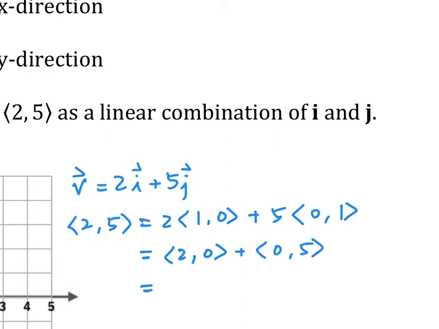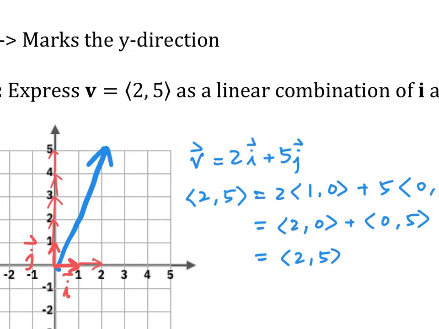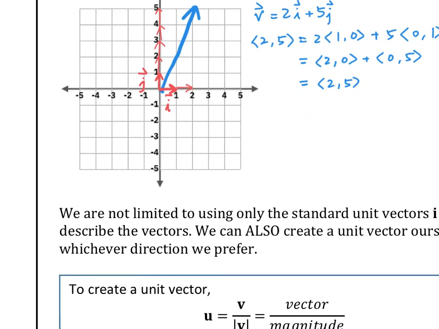And then adding the two vectors together, just add the similar components together, 2, 5. So this is actually really easy. In order to break this apart into a linear combination, you take the x component and multiply it by the I vector, and then take the y component and multiply by the j vector.